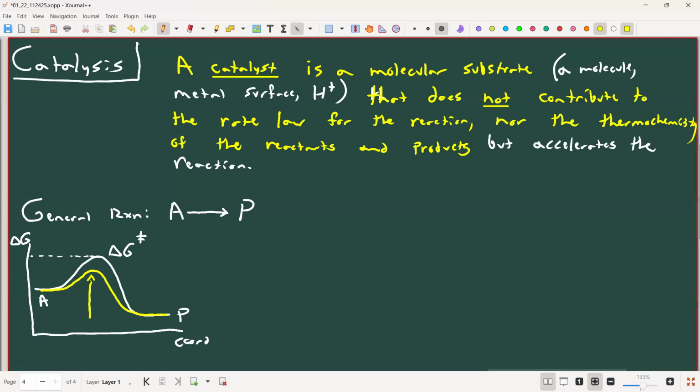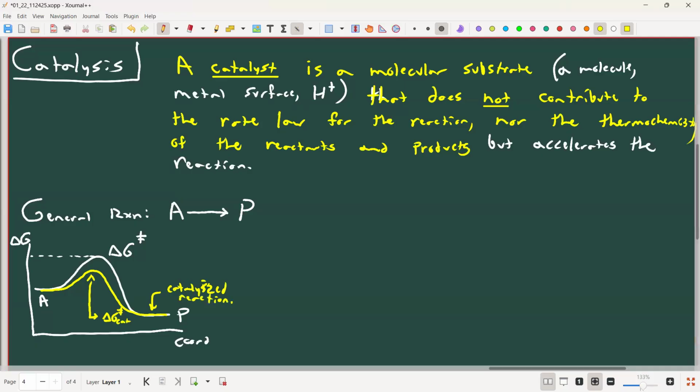This is the catalyzed reaction. So we could call this delta G double dagger cat. That's all a catalyst does. It just participates at the transition state and stabilizes the transition state. It doesn't appear at the beginning, doesn't appear at the end.